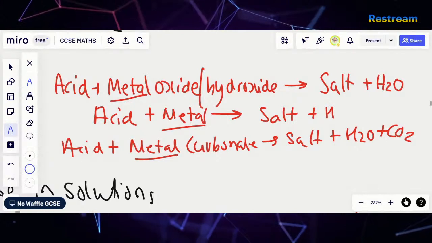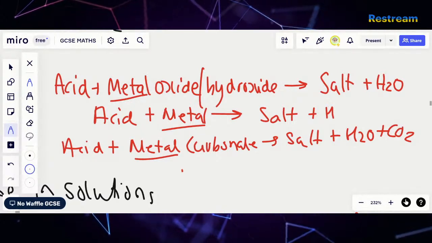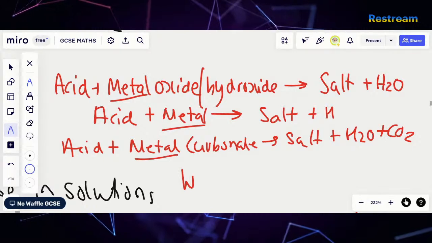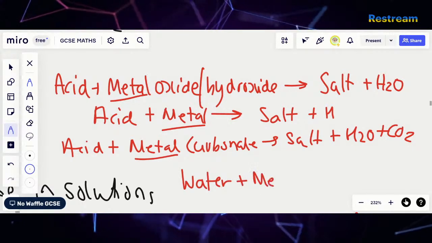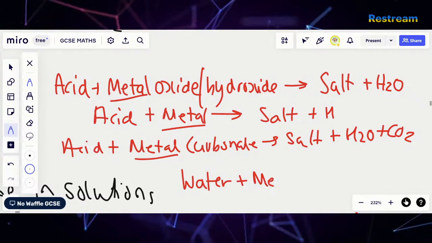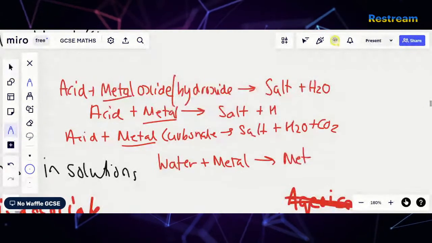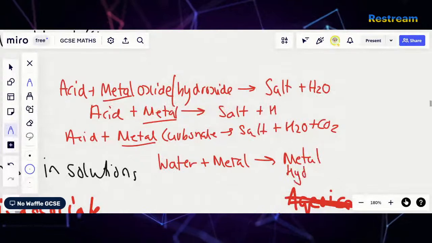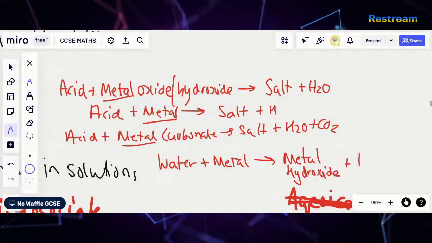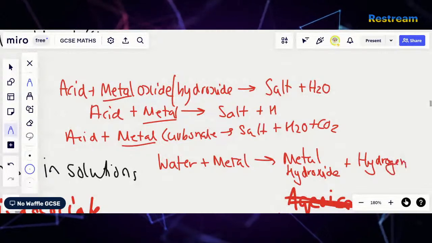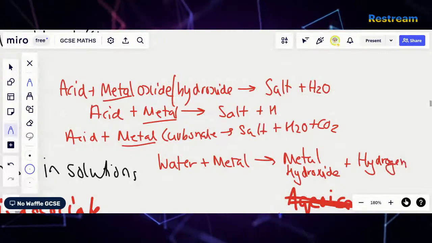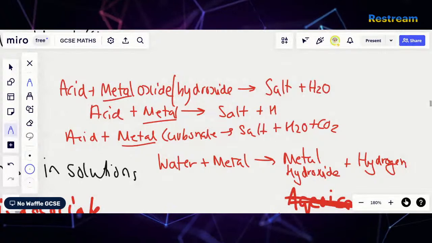Now, metals also react with water as well. Water and metals produce metal hydroxide and hydrogen. Okay.